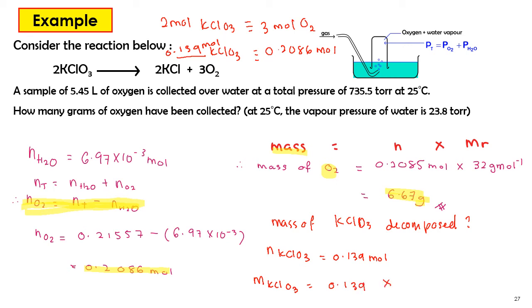So the molar mass of potassium chlorate is, so your mass for potassium chlorate, the formula of KClO3, you will get 17.04 gram.